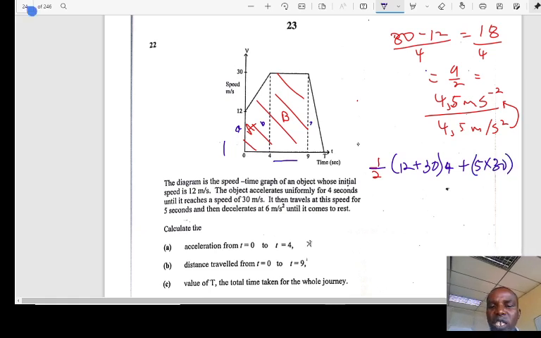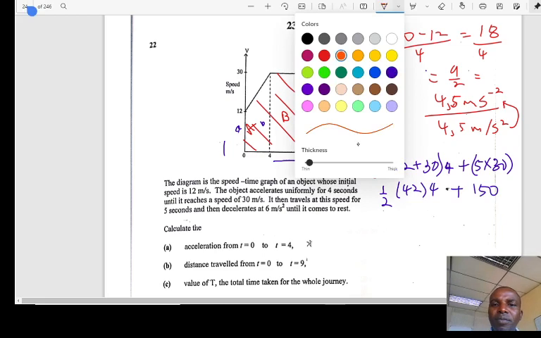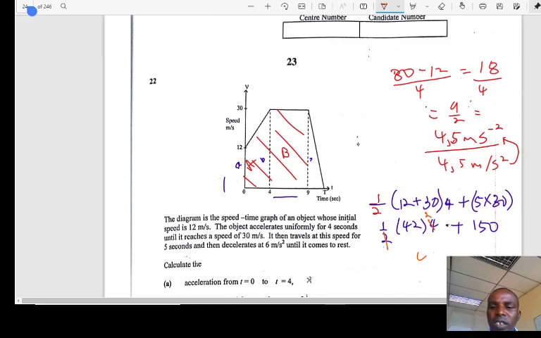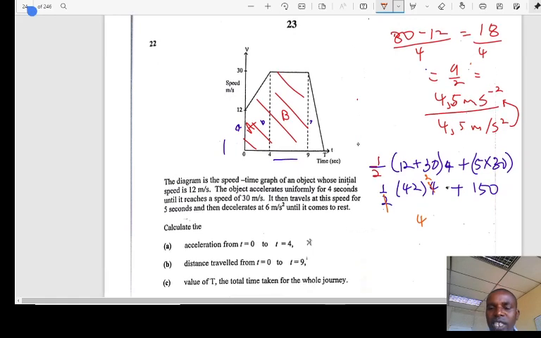Then after that, you simplify here. It's a half, 12 plus 30 is 42, times 4 here, plus 5 times 30 is 150. Done. Then here, if you simplify, 2 into 4 is 2. 2 times 42 is 84, plus 150.